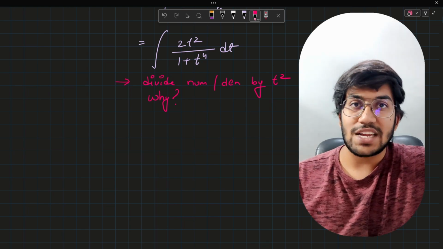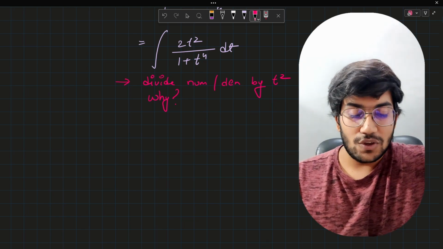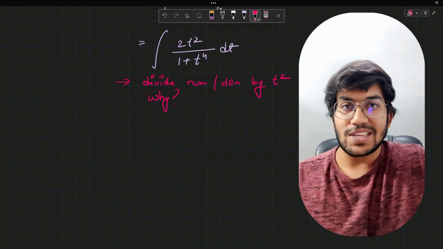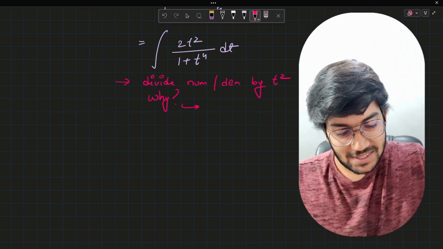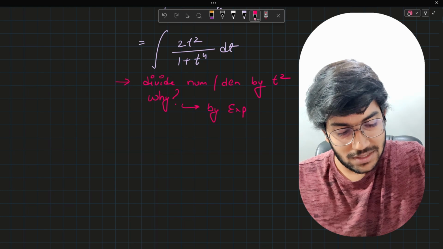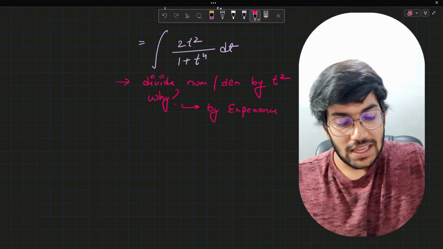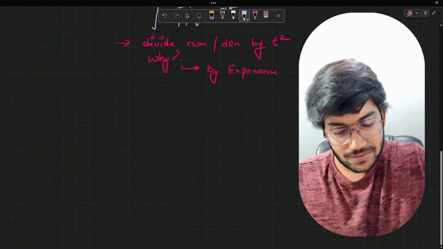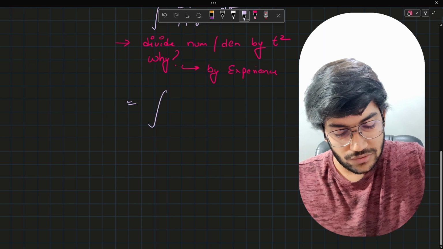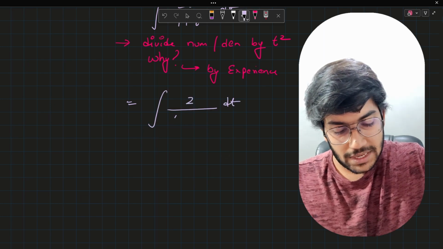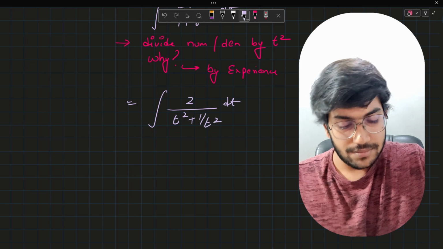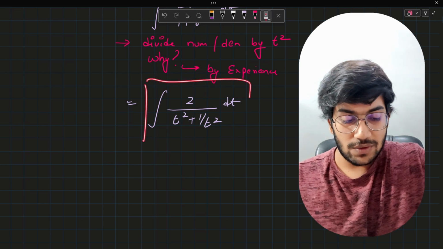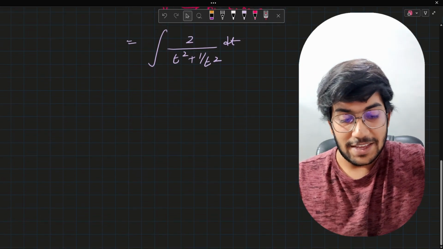The reason for that is basically experience, and once you see this, you'll know why we did that. What we'll get is integral of 2 dt by t square plus 1 over t square. We are done till here, and this expression is something we can actually deal with quite easily.